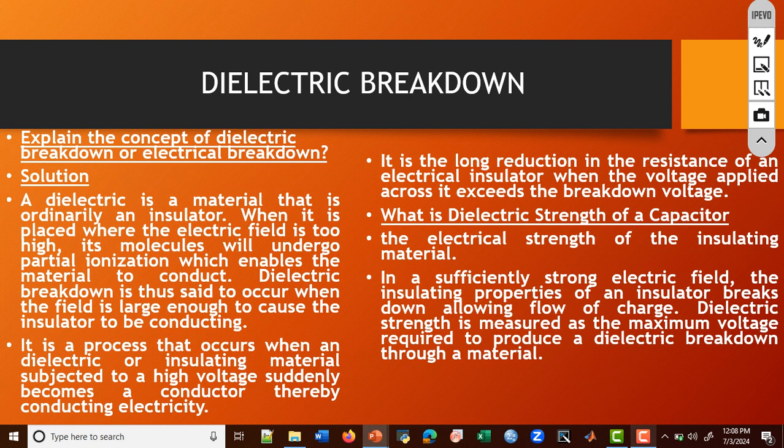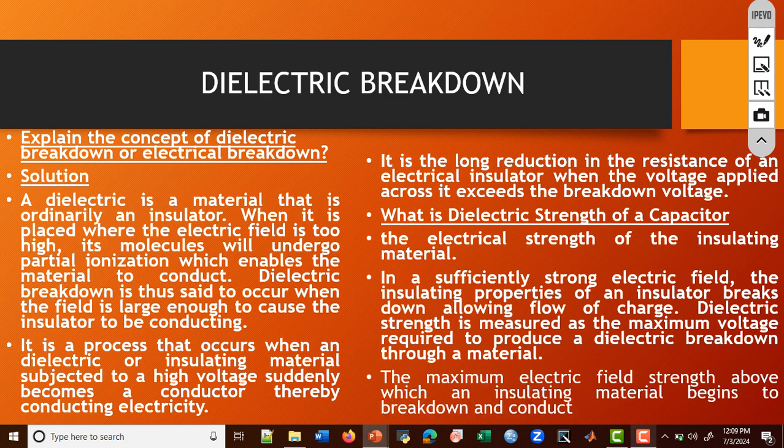Dielectric strength is measured as the maximum voltage required to produce a dielectric breakdown through a material. So I said that the maximum voltage an insulating material can withstand per meter before current will begin to flow from one plate of a capacitor to the other is simply referred to as the dielectric strength of the capacitor.